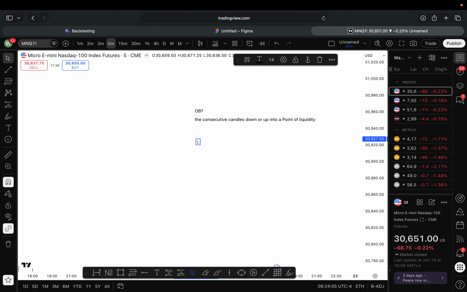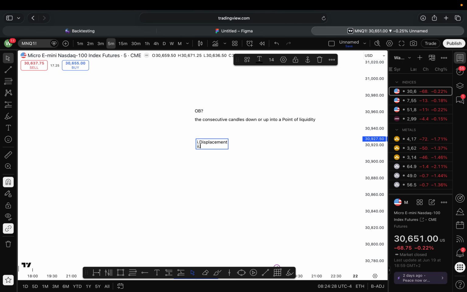The first one is displacement. Displacement is important for me because it shows the volatility of the change in the state of delivery.